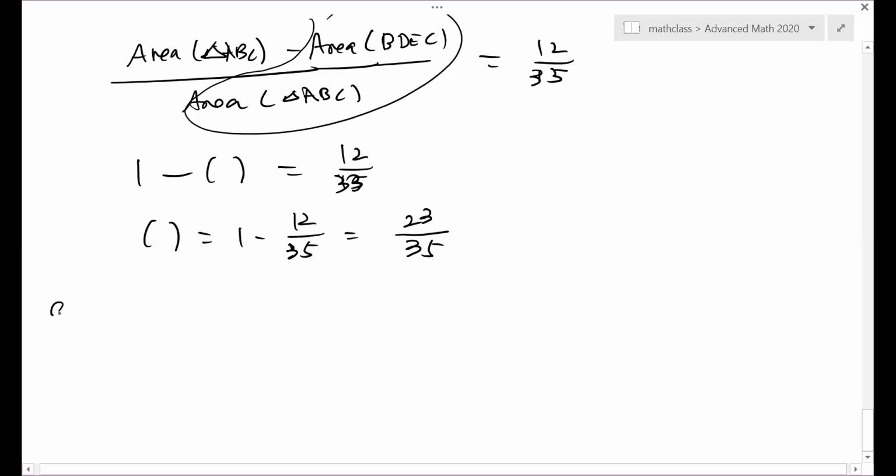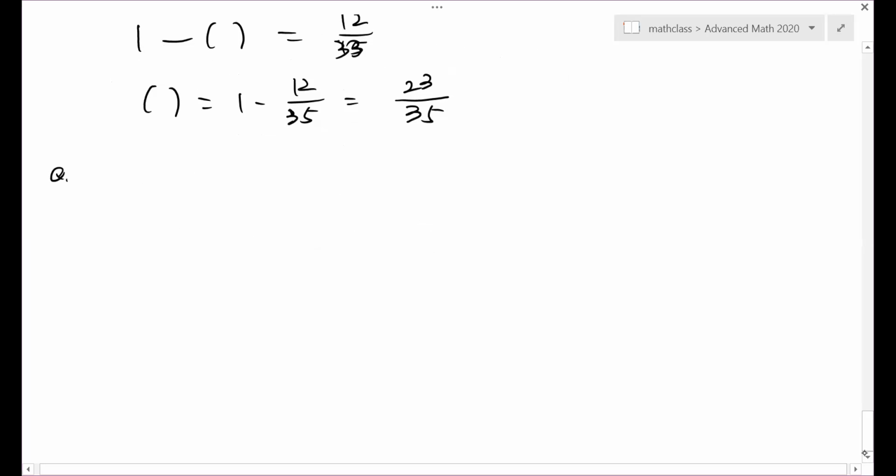Let's take a look at the next problem. We have something like that. This is D and E, with DE perpendicular. So we have triangle ABC.